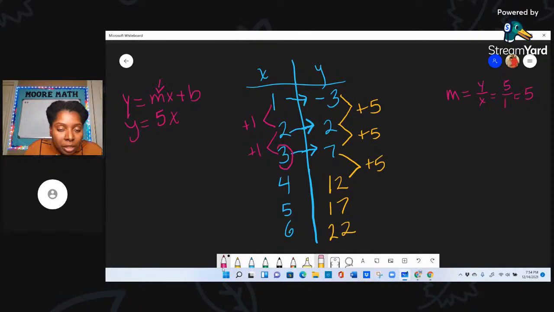Let's plug in 3. So y equals 5 times 3. What's 5 times 3? 15. Good. Okay. But when I just do 5 times 3 here, I get 15. What did it say that I should get when I plug in this 3? What should my y be?